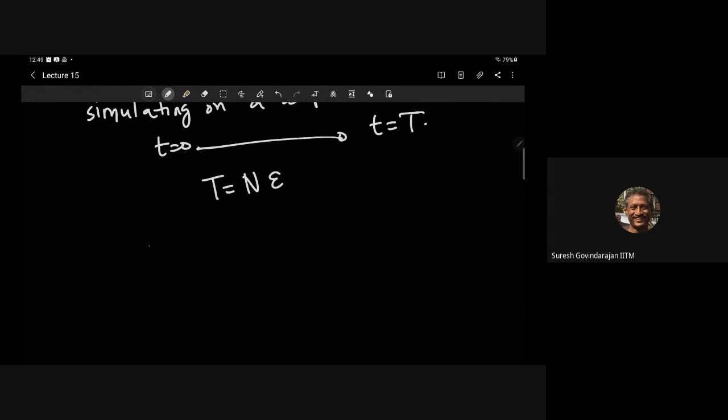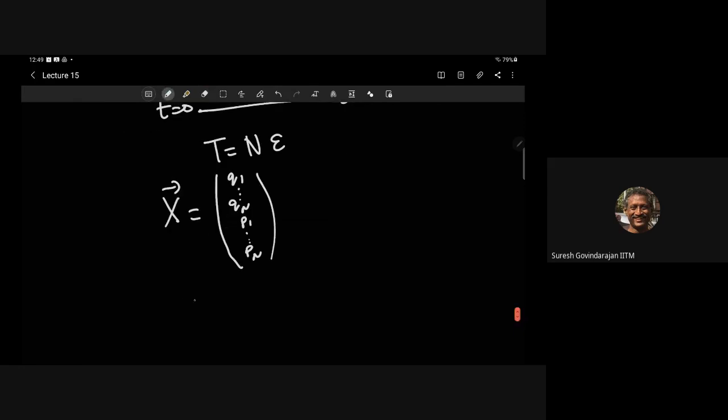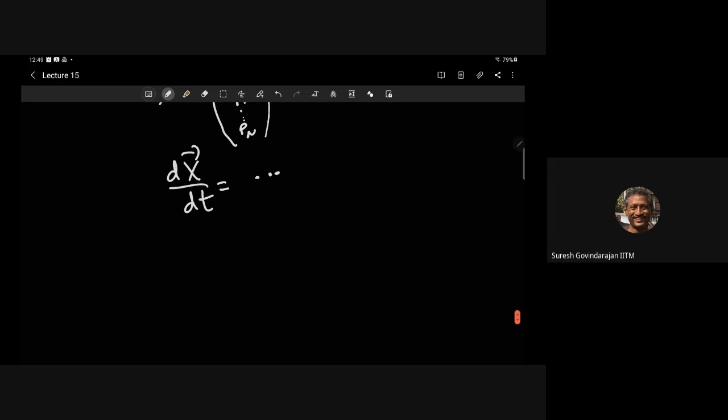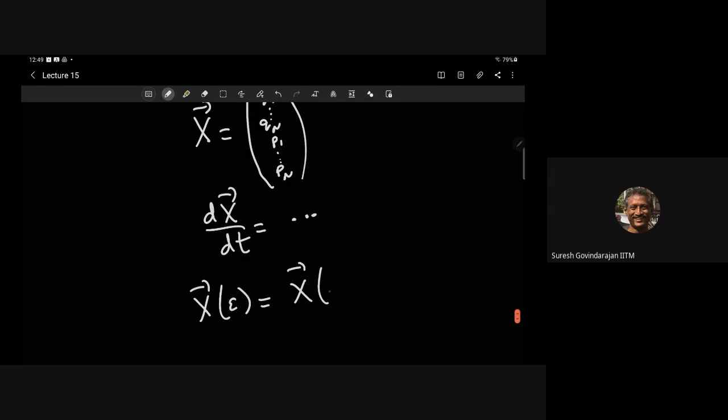So let's define this big vector x, which is just q1 to qn, p1 to pn. Okay, and the equations become dx by dt equal to something which I won't write. We know what that is. But what I'm saying is that x at epsilon will be x at 0 plus epsilon times whatever is on the right hand side, right?